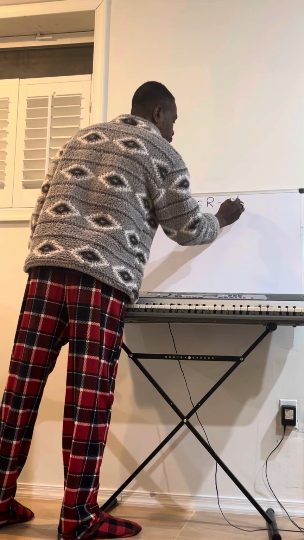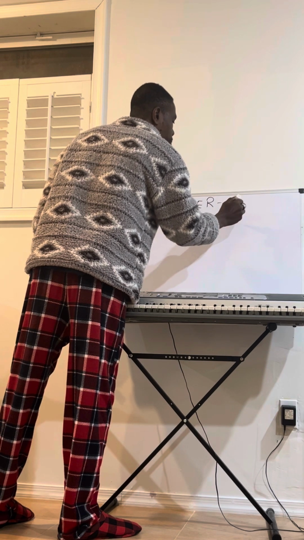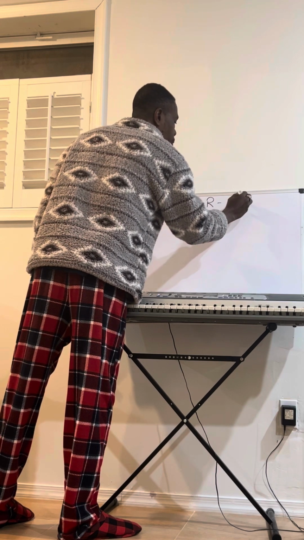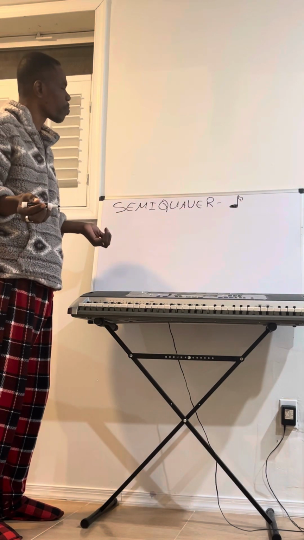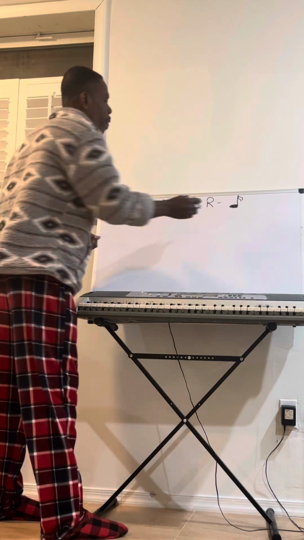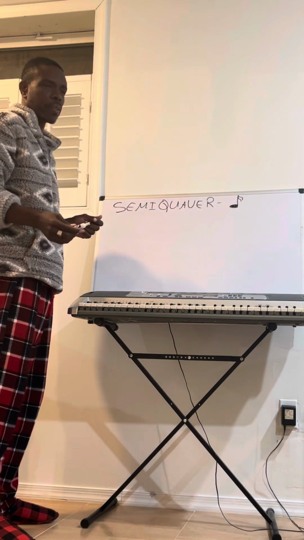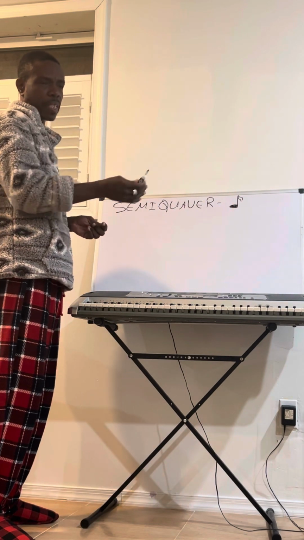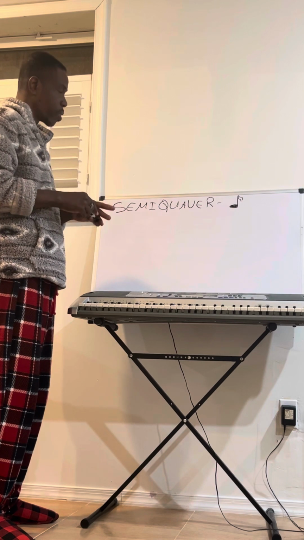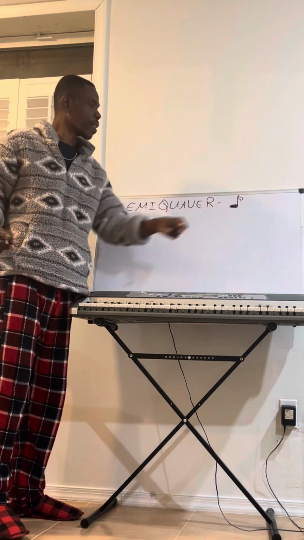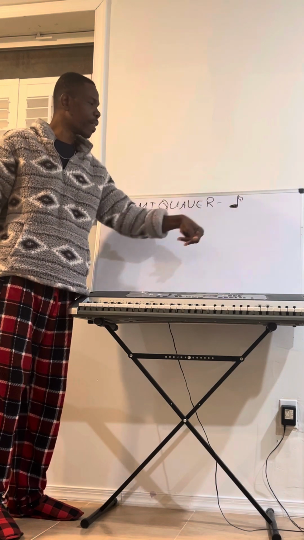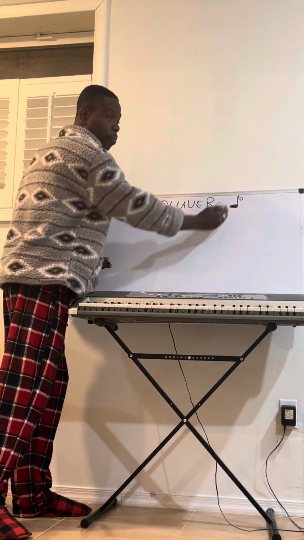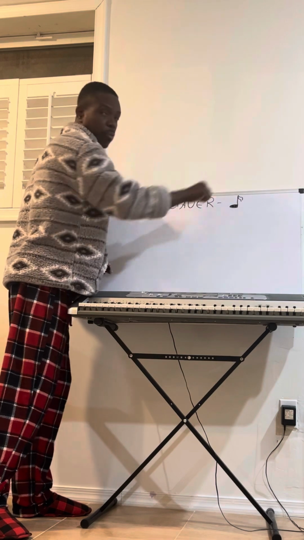And then it has stems, two stems, or not stem, tail, yes. Whatever you want to call it. We call these tail. So it has a stem, and then it has two tails.